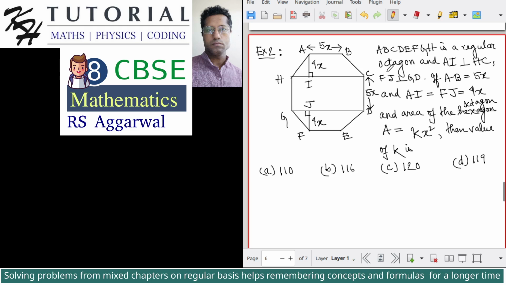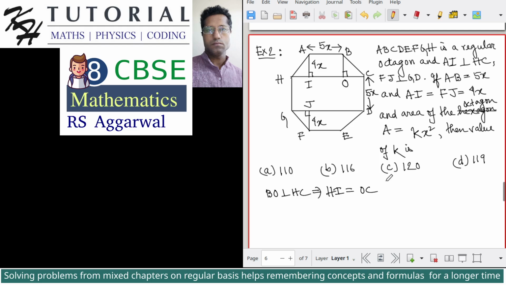How do we find it? Now, if I drop a perpendicular from B on HC, let's say this be O, then since it's a regular octagon, from the symmetry of its geometry, I should be able to clearly observe that if BO is perpendicular to HC, it will imply that HI will be equal to OC.